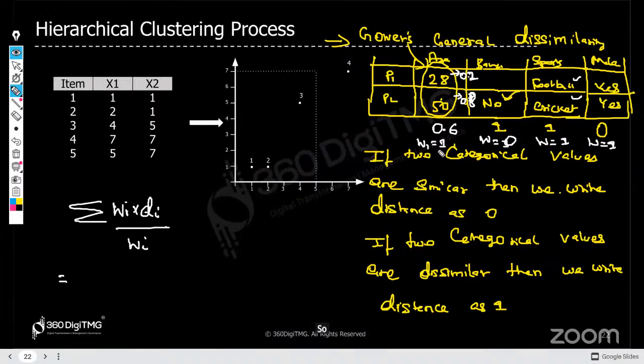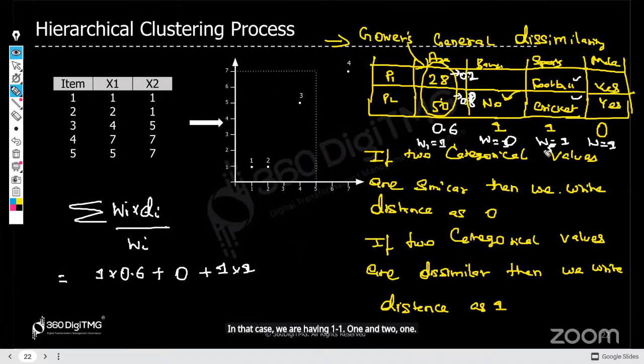So for the first case, we are having weight as 1 into distance as 0.6. In the second case, weight itself is 0, so anything multiplied by 0, we will get the answer as 0. In the third case, we are having 1 into 1. W3 is 1 and distance is also 1. In the fourth case, we are having distance as 0 and weight as 1.